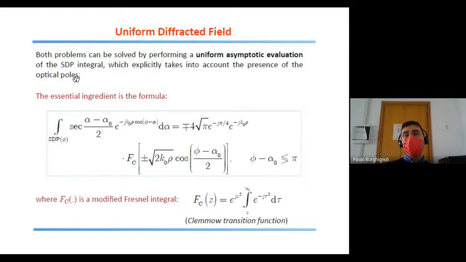Now, these problems in the perfectly conducting case can be solved thanks to the fact that in this specific case there is an explicit representation of this standard integral, that is, the integral along the steepest descent path, alpha minus alpha 0 divided by 2 times the exponential, which can be expressed in a closed form in terms of a modified form of the Fresnel integral seen in one of the first lessons. This form is the so-called Kouyoumjian transition function, defined here below.